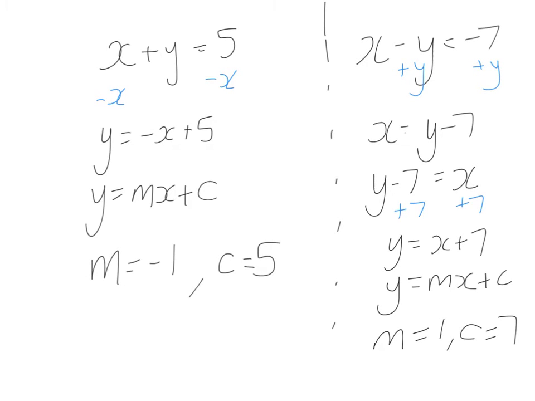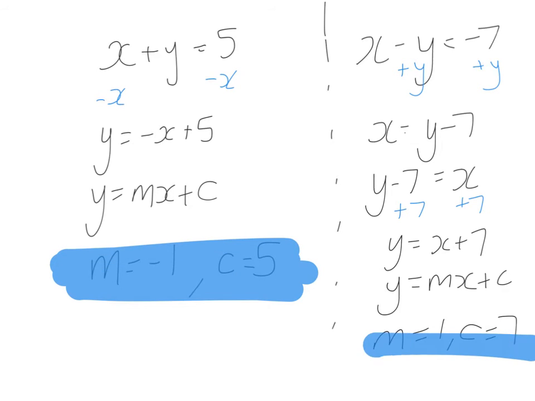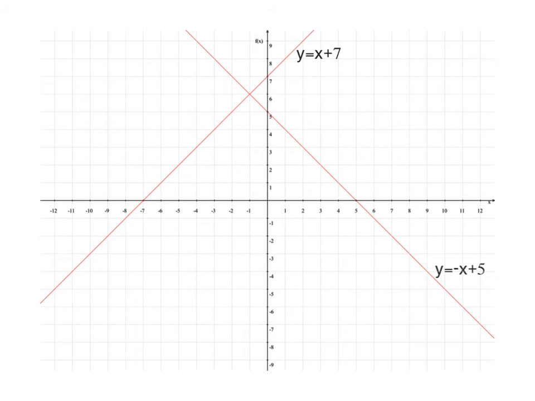All I've done here is rewrite both equations in the form y equals mx plus c, and that is going to allow me to plot them and draw them. If we look at this first line here, this corresponds to our first equation, y equals minus x plus 5.